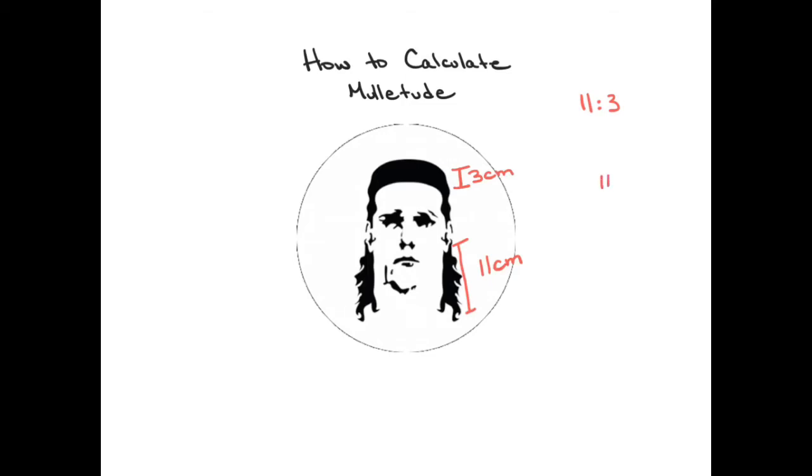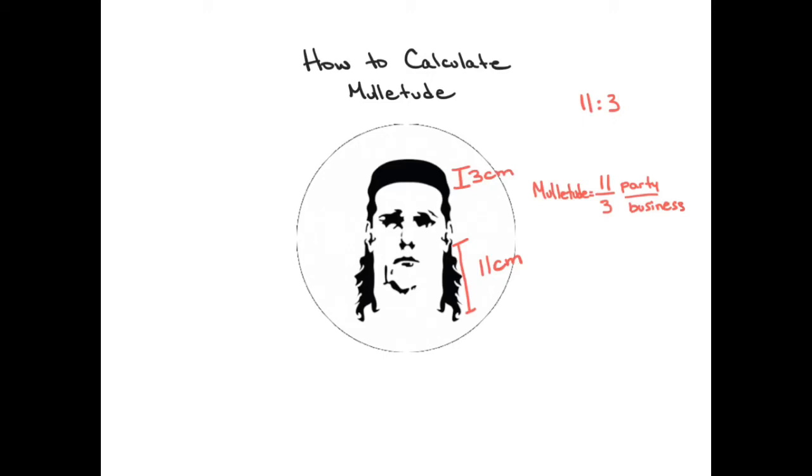So 11 over 3. And since we are calculating mulletude, I'm going to say mulletude is equal to 11 over 3. And the units of measurement in this case are party over a different unit of measurement, business. So we have 11 party to 3 business.